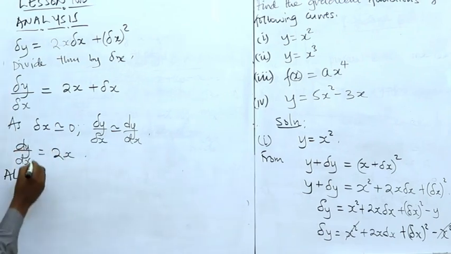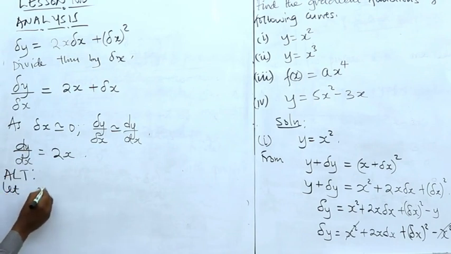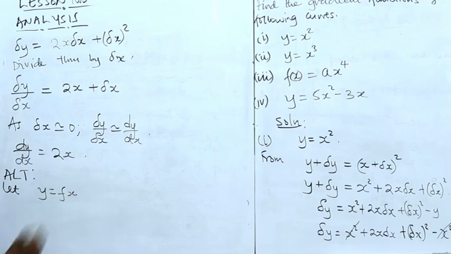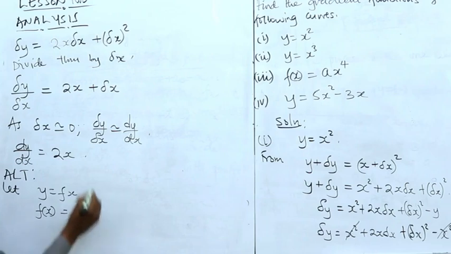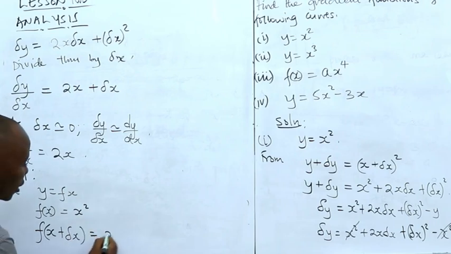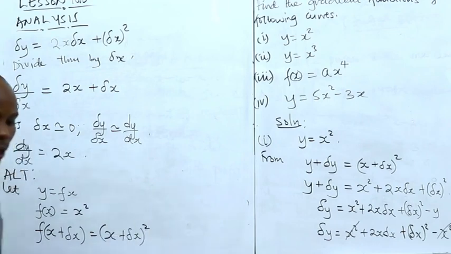Alternatively, I can let y be f of x, so that f of x is equal to x squared. If f of x is x squared, then f of x plus delta x is equal to x plus delta x all squared.